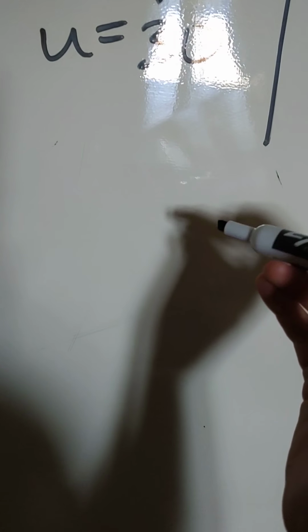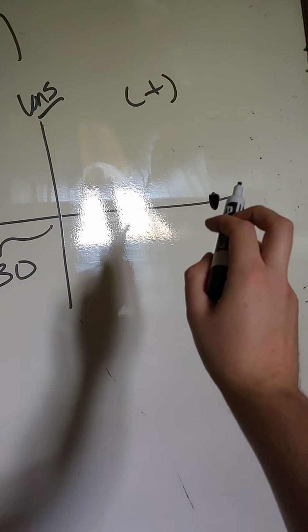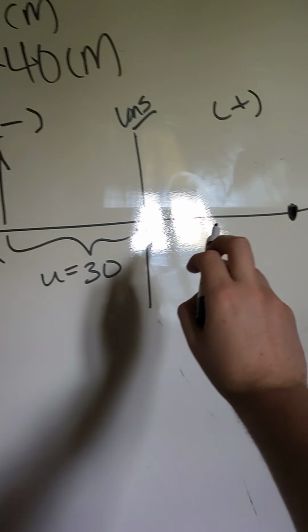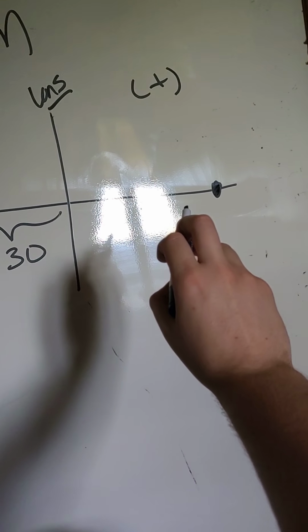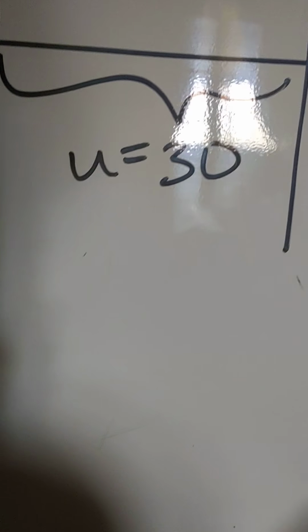Here we go. I'm going to put that over there just because I can. I don't like how it doesn't look balanced. So for those of you who are like me, there's a focal length over there on that side so that we have a balanced picture. Gotta love OCD.